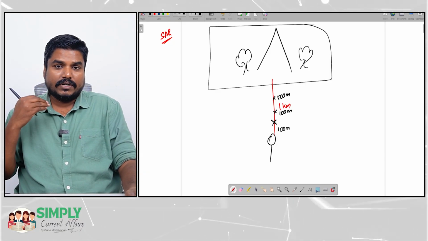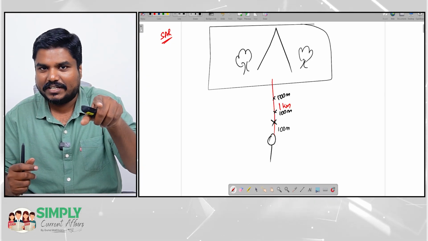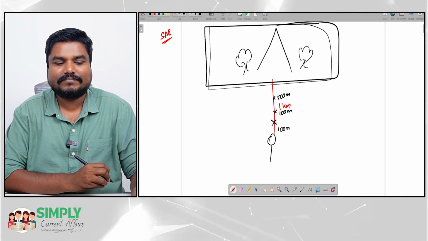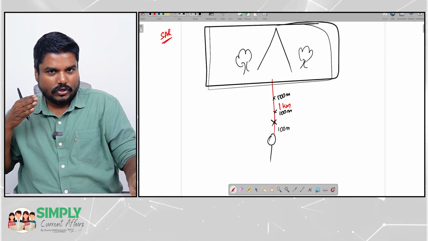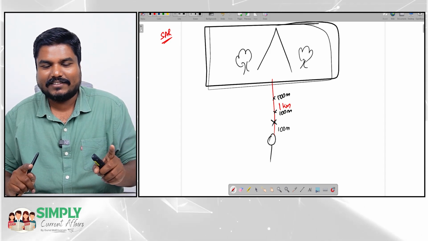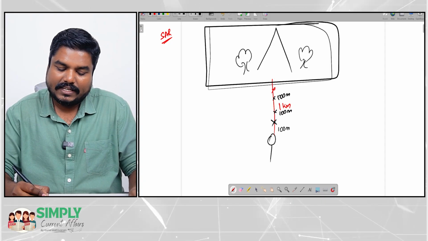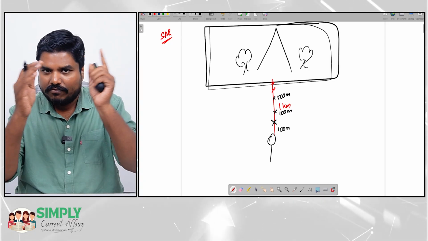But remember, as Guna goes closer, Guna will be getting a better picture, no doubt, but Guna cannot capture the entire canvas. Because as I go closer, I cannot capture the totality.